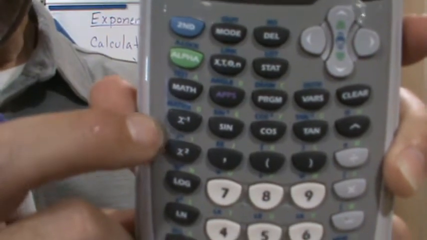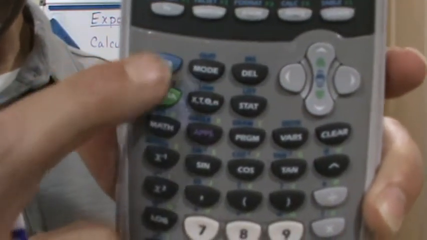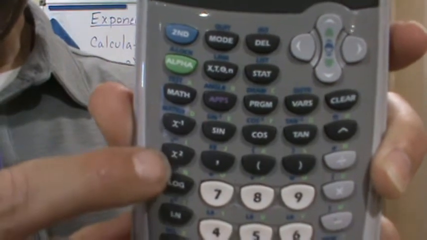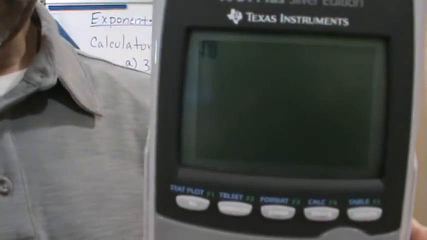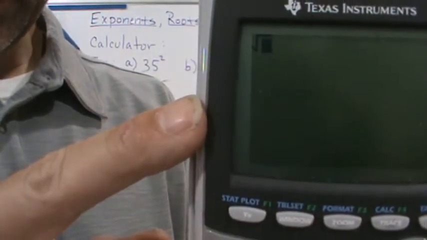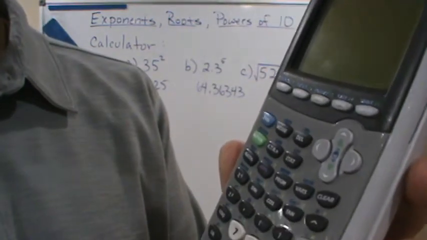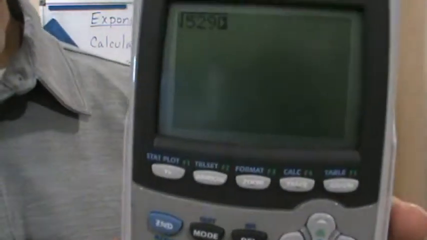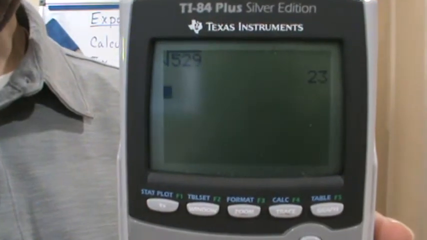Mine, I have to put second and then x squared, and it'll put a square root sign. Then all I have to do is put in 529 and hit enter, and the answer is 23.